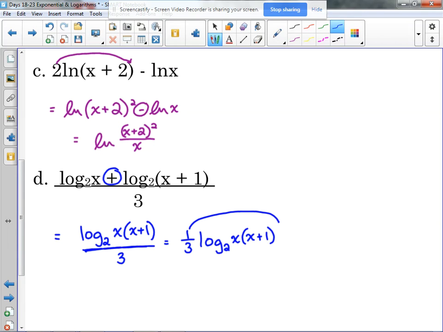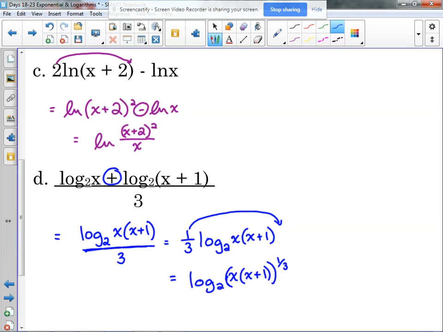Now we can apply that power rule. Here is a case where we need parentheses because we have that x times x plus 1. We do need to put parentheses around that entire expression because if we don't, then technically that 1/3 is only being applied to the x plus 1. But it's really to the entire thing.